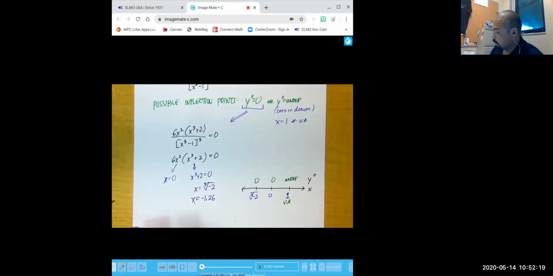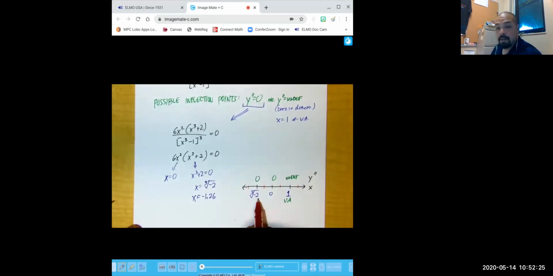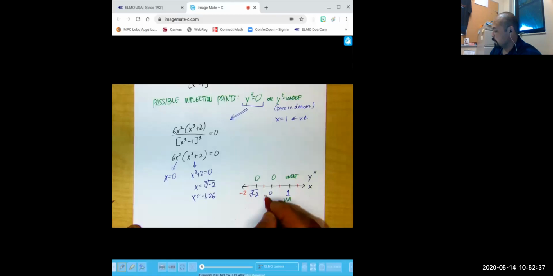But let's take some test values on either side. Something less than the cube root of negative 2, something less than negative 1.26, negative 2. Something between negative 2 under that cube root, the negative of the cube root of 2, and 0, we do negative 1.